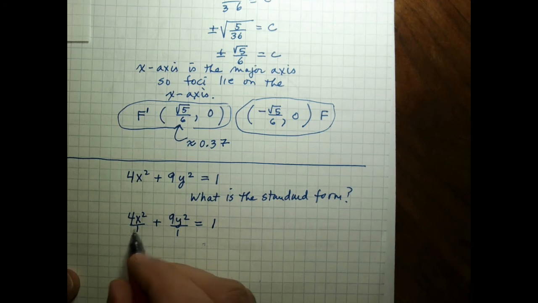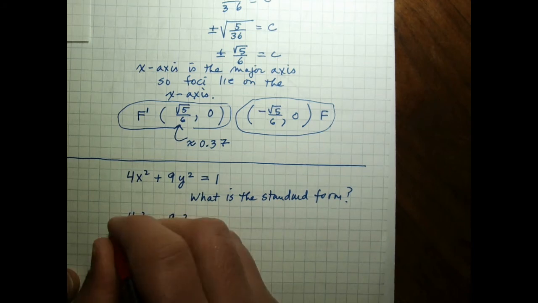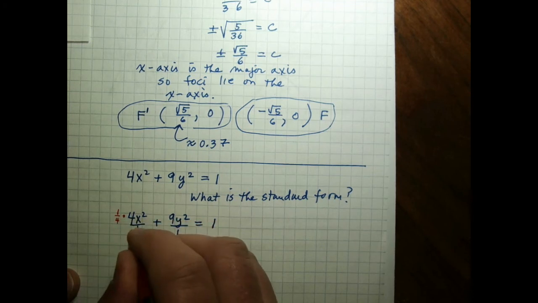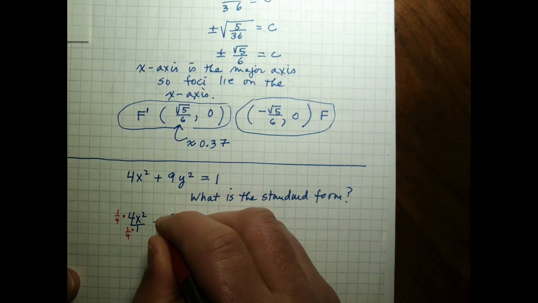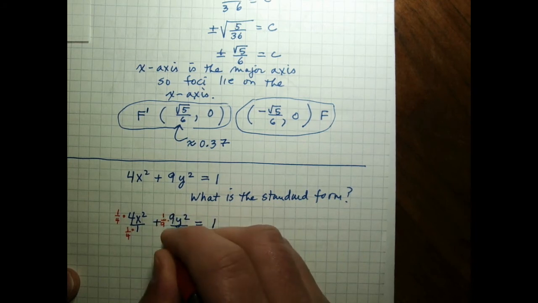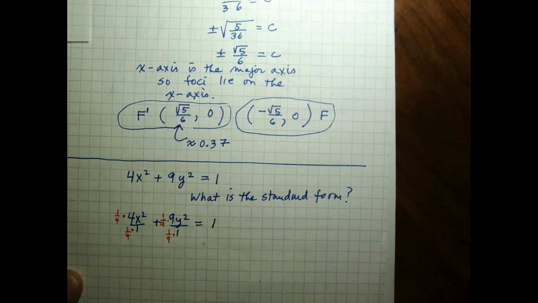But in order to just change one fraction, I can multiply above and below by 1/4 on this fraction. Here I can multiply above and below by 1/9. And that doesn't change the value of the fractions in the equation. That's still an equivalent equation.